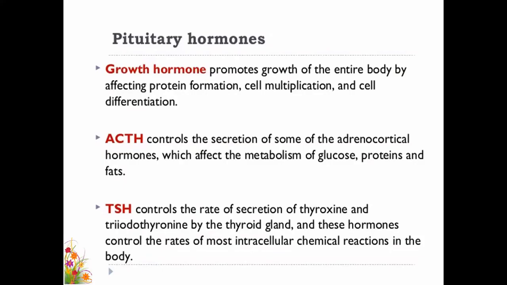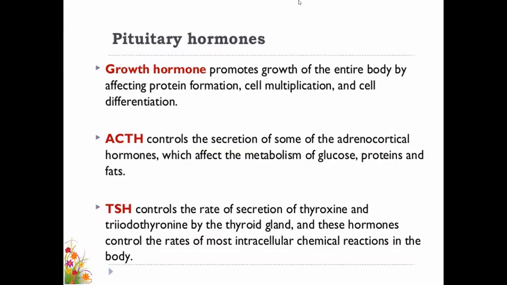And ACTH controls the secretion of some of the adrenocortical hormones, which can affect the metabolism of glucose, protein, and fats. So again, ACTH can control the secretion of some adrenocortical hormones, and those hormones can control the metabolism of glucose, proteins, and fats.